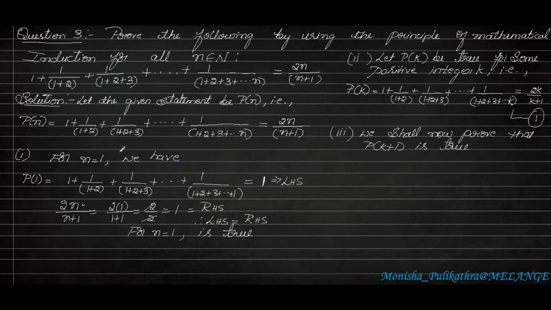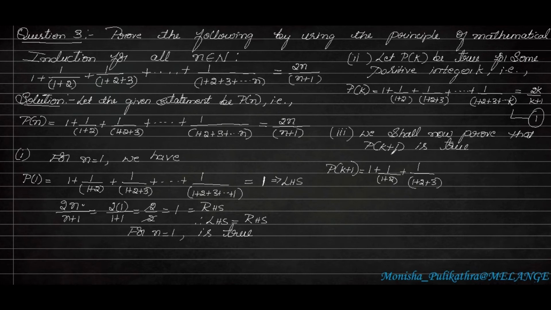In the first section, for n is equal to 1, we have proved. In the second section, P of k is considered as equation 1. In the third section, we have to do P of k plus 1. So the equation will become P of k plus 1, which is 1 plus 1 by 1 plus 2 plus 1 by 1 plus 2 plus 3.